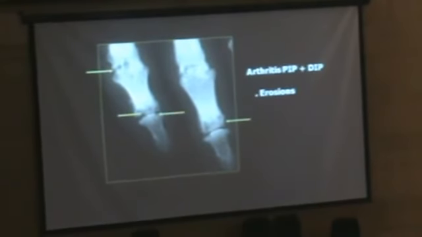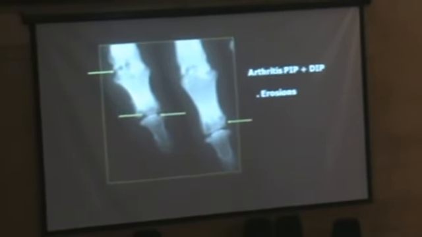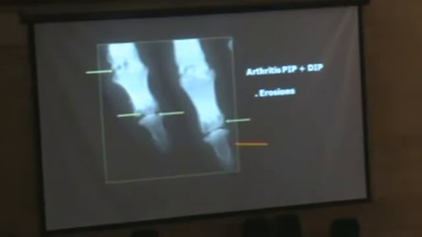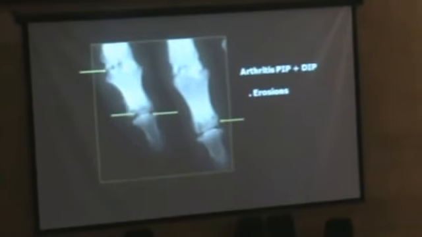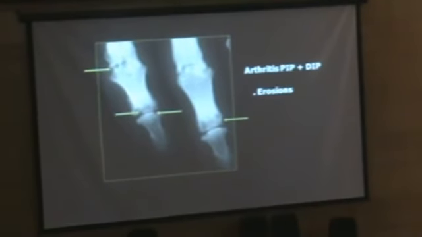So we can see erosions, marginal erosions and subchondral erosions. We can find that in rheumatoid arthritis as well. What we don't find very often in rheumatoid arthritis is the involvement of the distal phalangeal joint. This is not common in rheumatoid arthritis. Most common are the metacarpophalangeal joints and proximal interphalangeal joints.